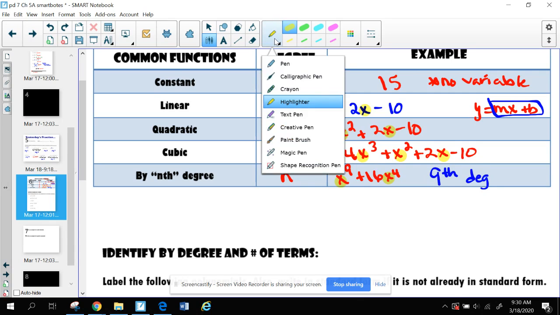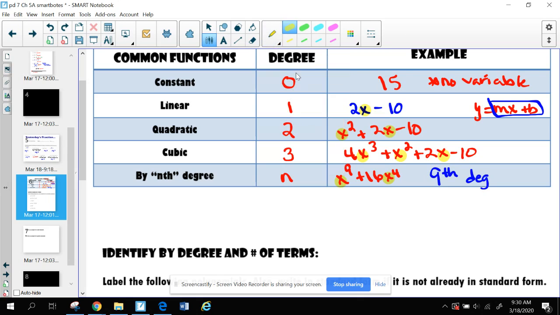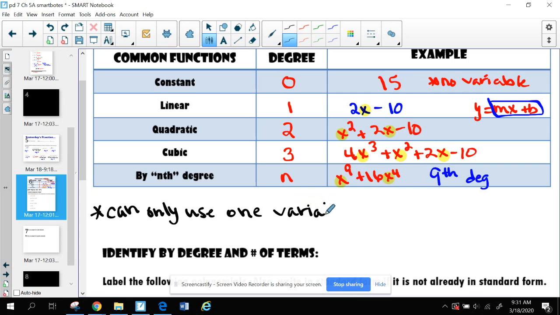So the really important thing when naming with a function name that I want you to add to your notes here is that it can only use one variable throughout the expression. And I'm going to abbreviate the word expression for you too.